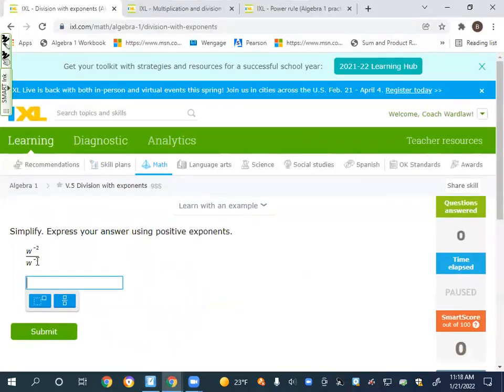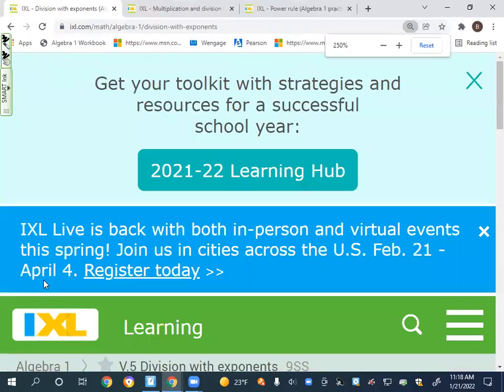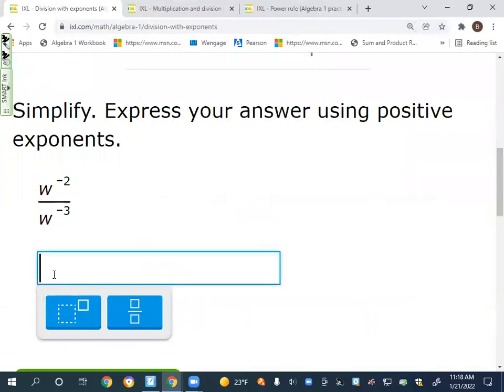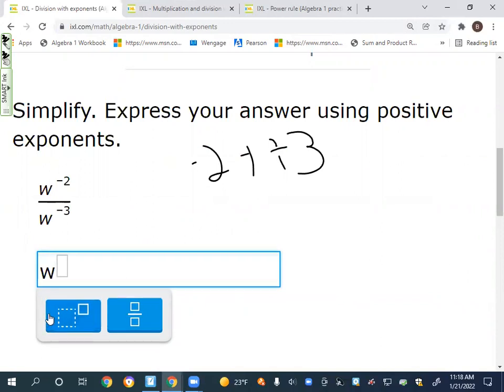Let's do a couple examples real quick from my Excel. What do I do to those exponents since it's division? Let me zoom in here. -2 minus the -3 pops out what? Positive 1. You see how writing it out is pretty important. Got it?